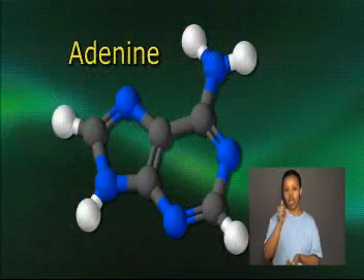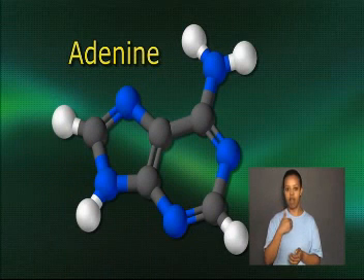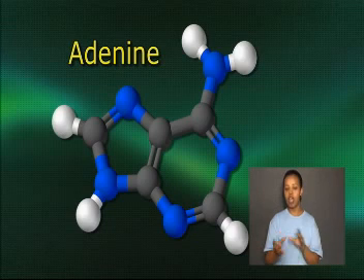Hello, students. I imagine that this was simple for you. The 4 nucleotides are as follows. Adenine is a purine derivative, which means that it derives from an aromatic organic compound.